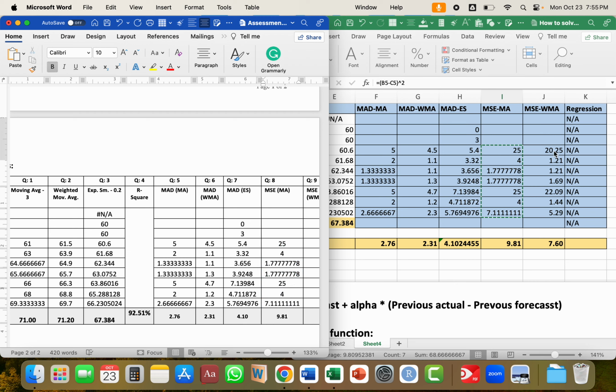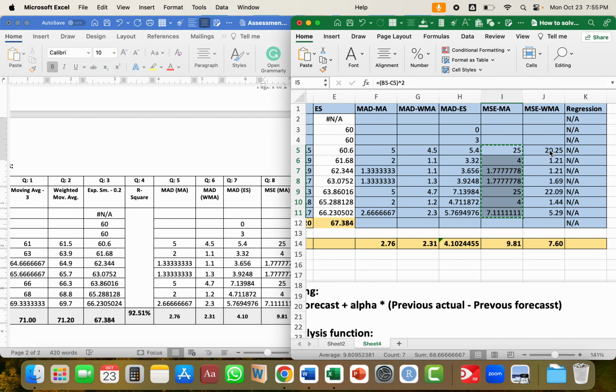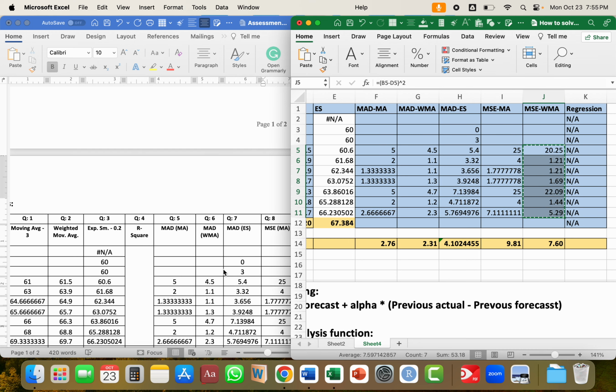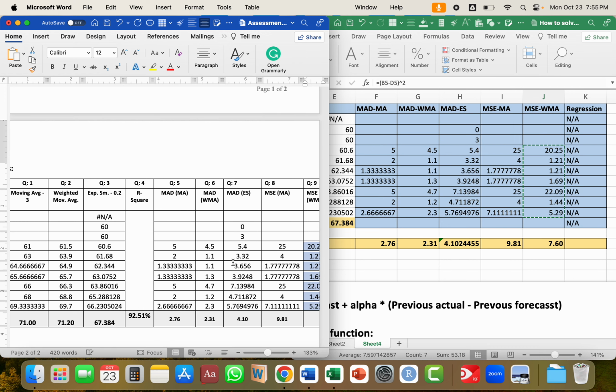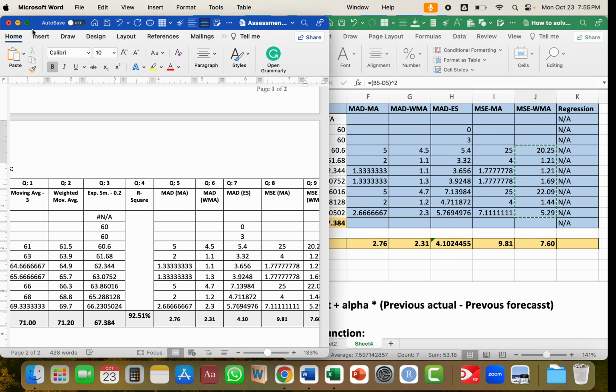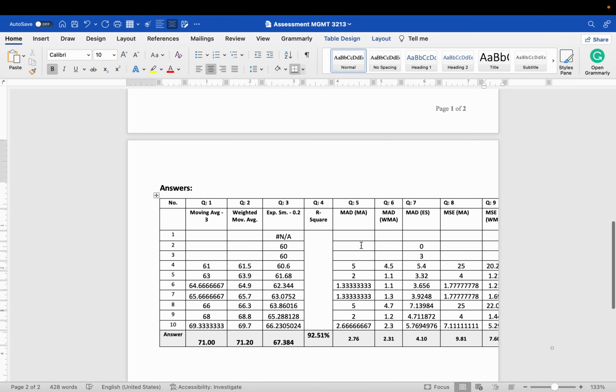And in the last one, that's MSE using weighted moving average, I will copy this one separately, and I will copy paste it here, and our answer is 7.60, so I will write here 7.60. So that's all about how to solve this assignment.